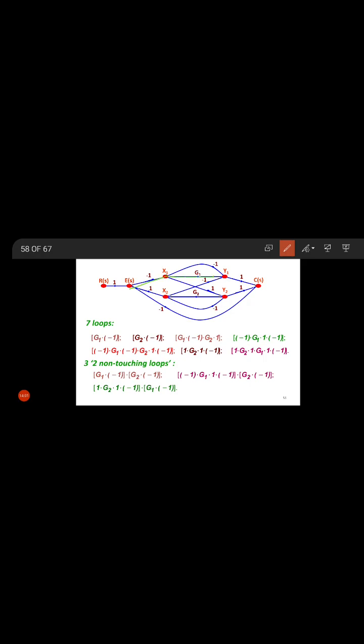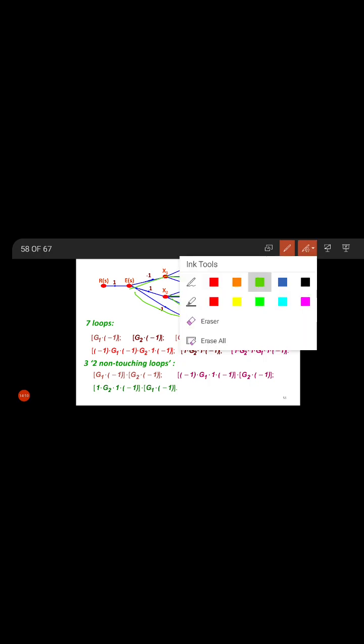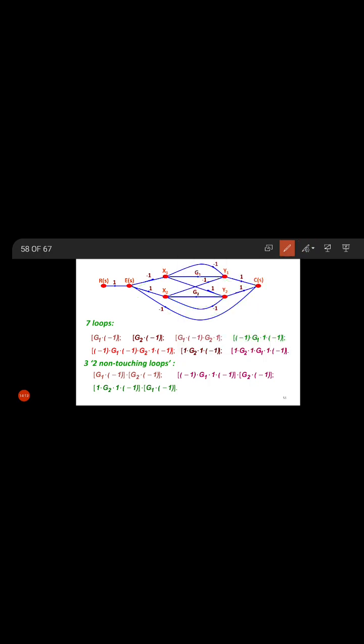This and this G2 minus 1. These two are non-touching. Clear? Next is 1, G2. So from the 7 loops, we see there are 3 such combinations of two non-touching loops. So from this we can calculate this del.